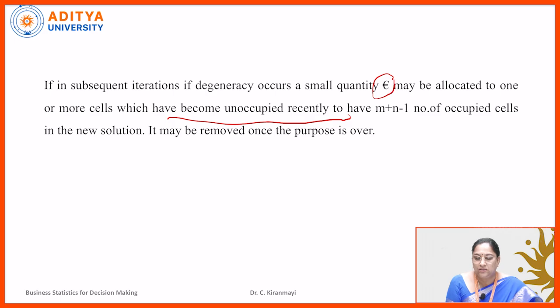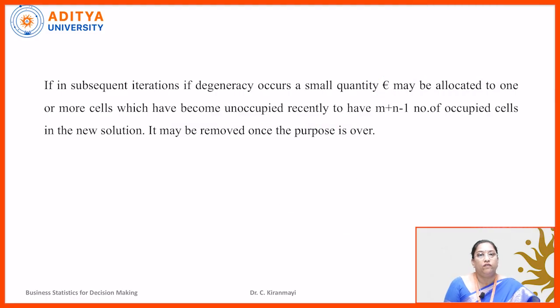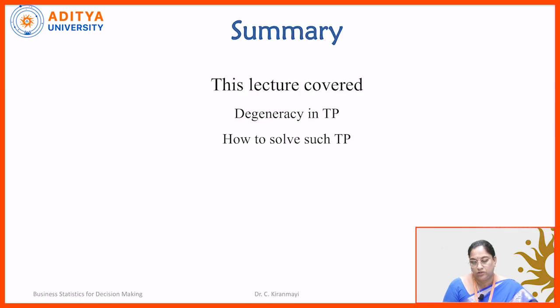For those cells, you can allocate a small value called epsilon, or d, which is a small quantity. We allocate it to the recently unoccupied cell having the minimum transportation cost among all the others. This is how we can resolve degeneracy if it occurs at subsequent iterations. Then we can proceed using the MODI method to find the optimum solution.